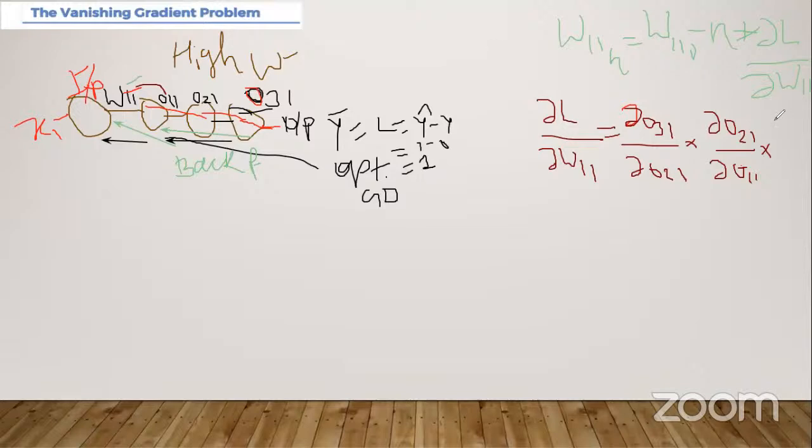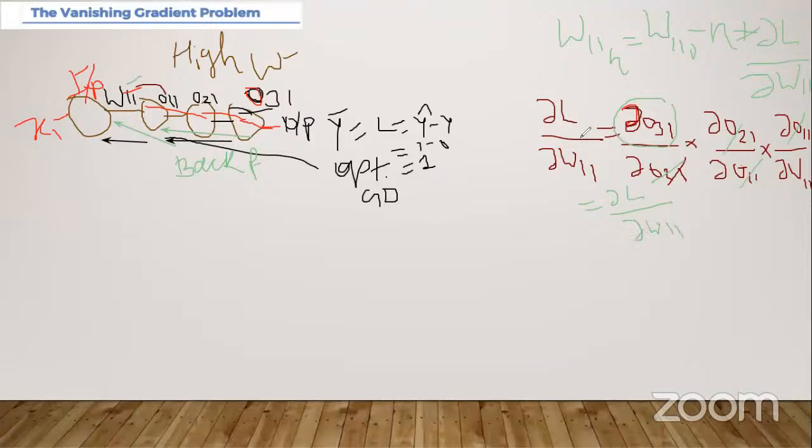All right, multiply by dO11 divided by dW11. So again, same thing, guys, what we are trying to achieve, right? If you cancel these terms, you will be left with the same formula, which will be dL by dW11.